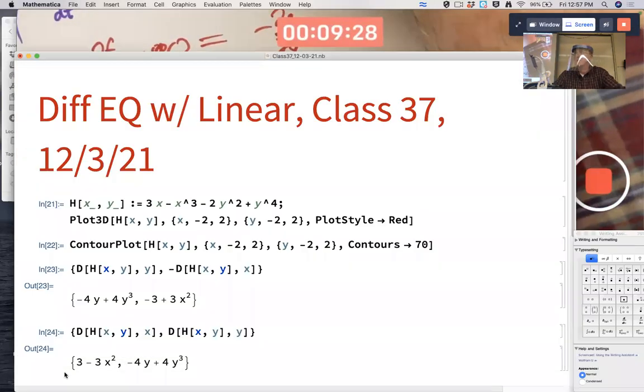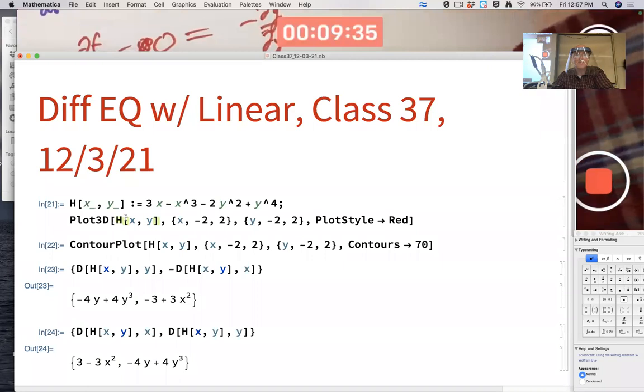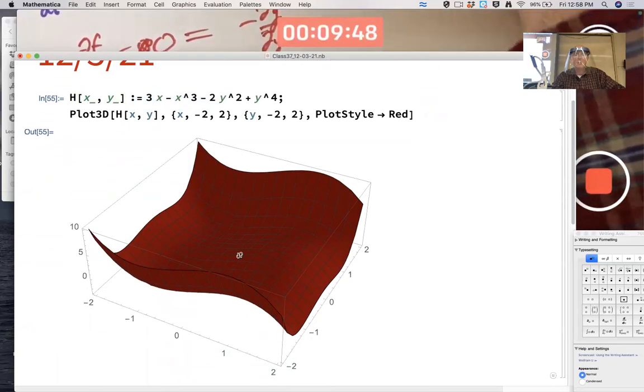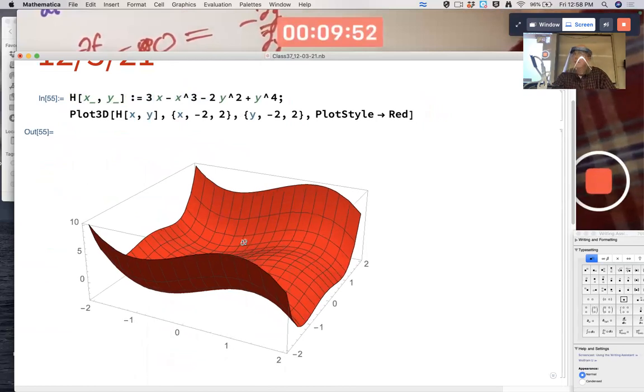So the solution curves also have a direction of motion, an arrow along them. Before I make the contour plot, let me also emphasize that you can draw the ordinary graph of this Hamiltonian function. And here it is, I plugged it into Mathematica. There's an ordinary graph of it. If you're in multivariable calculus, you've seen these kinds of graphs before.